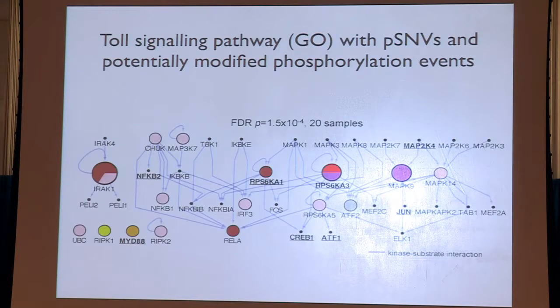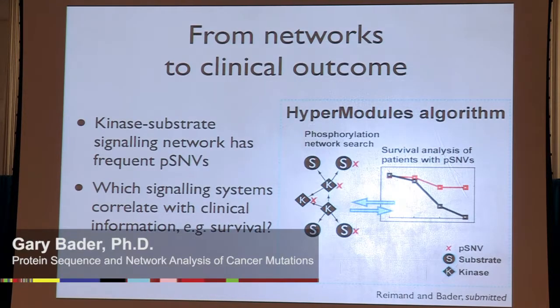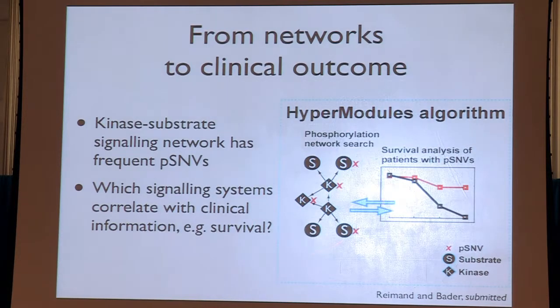Okay, so we also did a pathway enrichment analysis. I won't go into detail on it. We developed a new network search method that tries to find regions in a network. In this case, we had a network of kinase substrate relationships, a few thousand of them downloaded from the PhosphoSitePlus database.